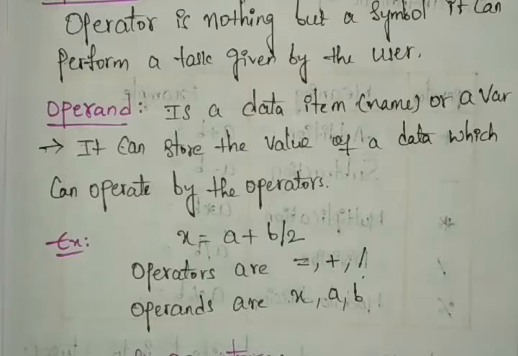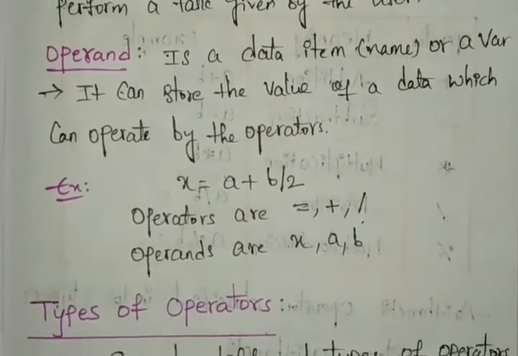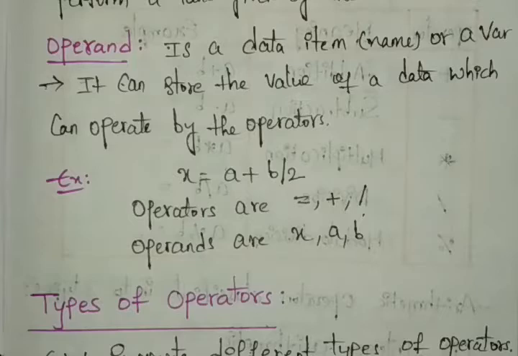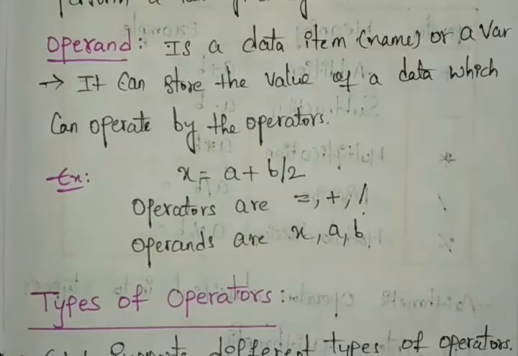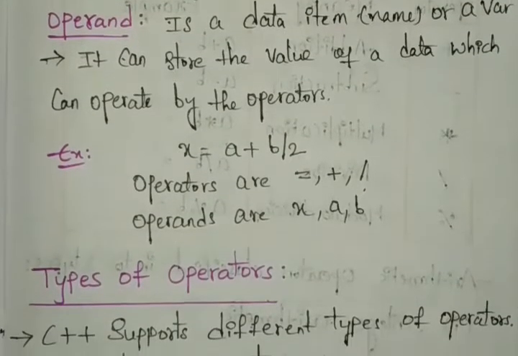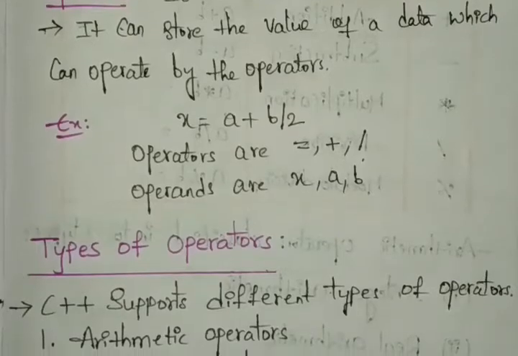Here we have some types of operators. C++ supports different types of operators, totally 8 types.